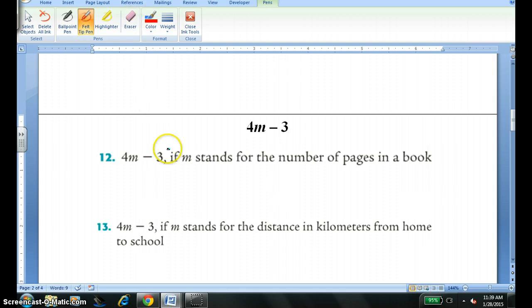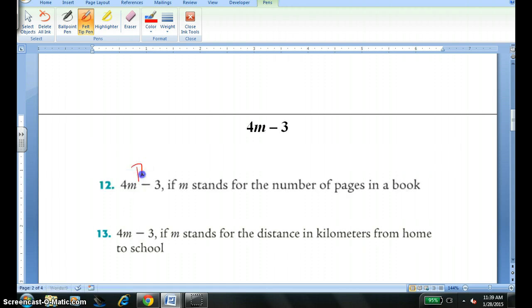So what if m here stands for the number of pages in a book? There are 4 books. And they're going to each have the same number of pages in the book, right? And then the second part is going to be, then the dog ate 3 pages.